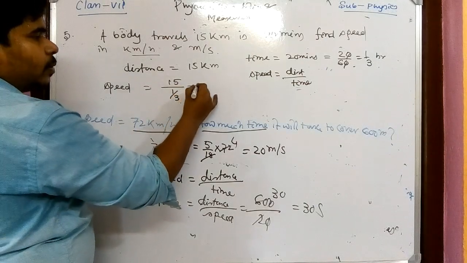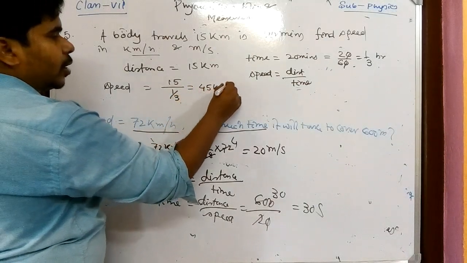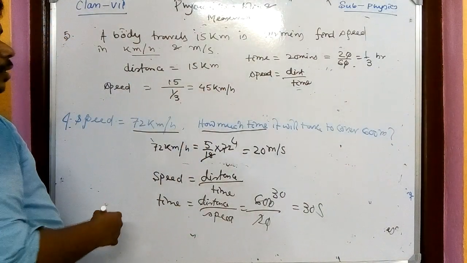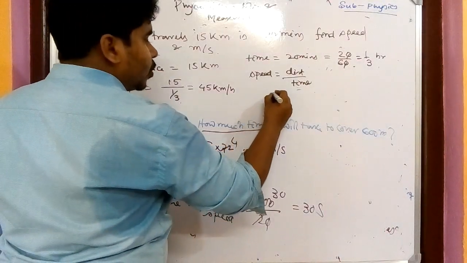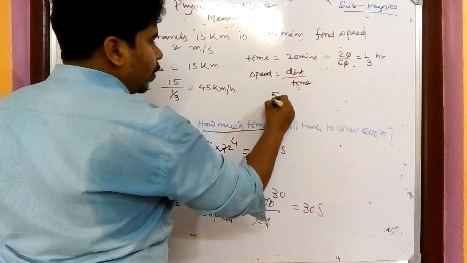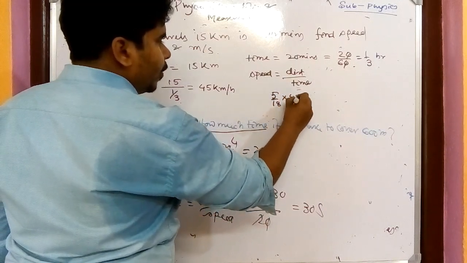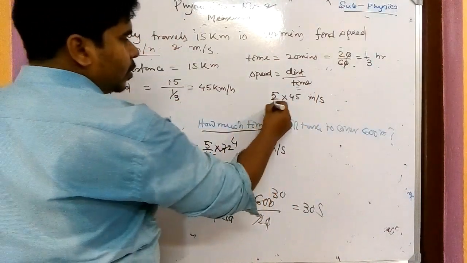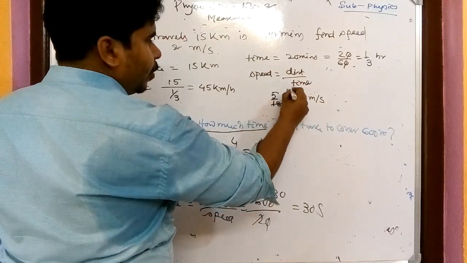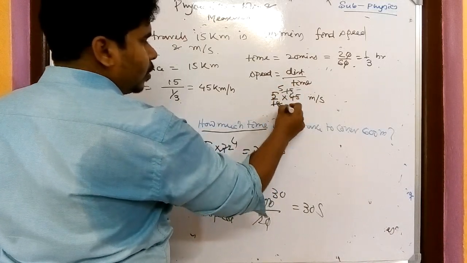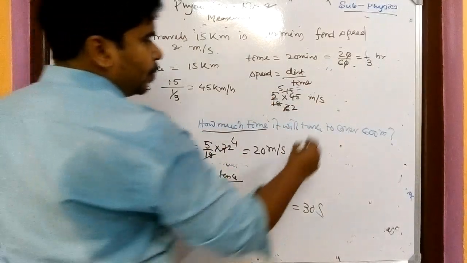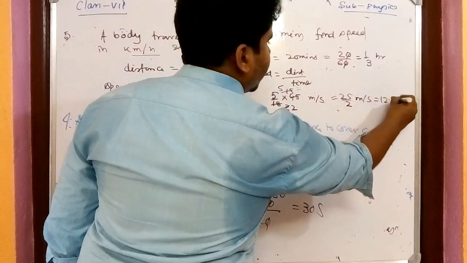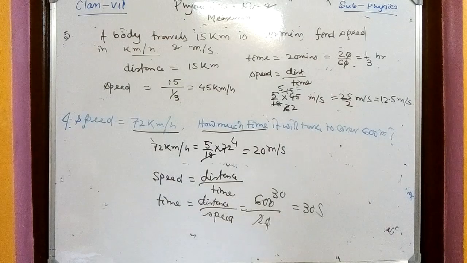So this 3 will go up, 45 kilometer per hour. That is the speed in kilometer per hour. Now it is asked, you have to convert it into meter per second. So we multiply it by 5 by 18 into 45. That much meter per second. If you calculate, 3 6s are 18, 3 5s are 15, so 25 by 2 meter per second, that means 12.5 meter per second. That will be your answer.